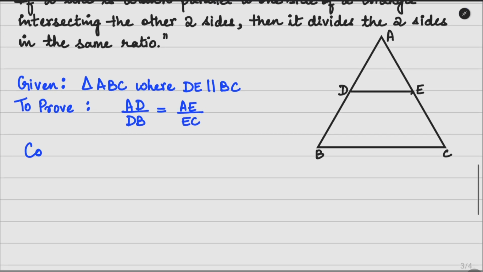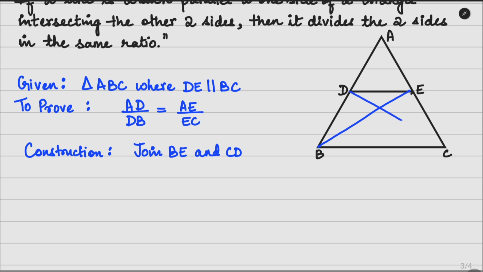Construction. You have to join B and E, join BE and CD. Also draw two perpendiculars.